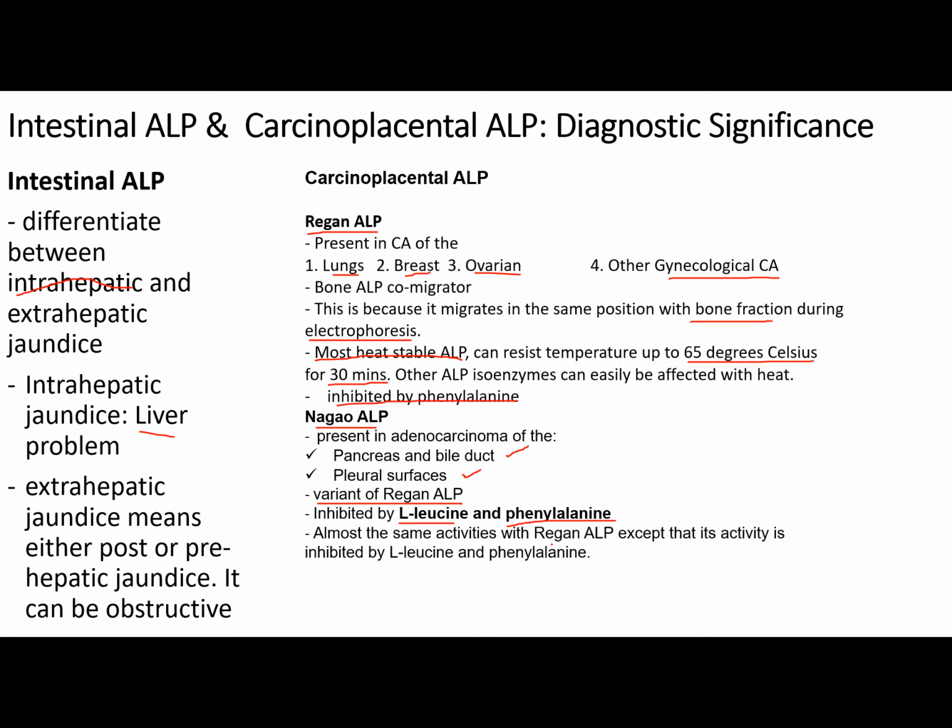Almost the same activities as Regan ALP except that its activity is inhibited by L-leucine and phenylalanine. So kung si Regan ALP nyo, class, is only inhibited by phenylalanine, si Nagao ALP nyo is also inhibited by phenylalanine, but this time it's also inhibited by L-leucine.